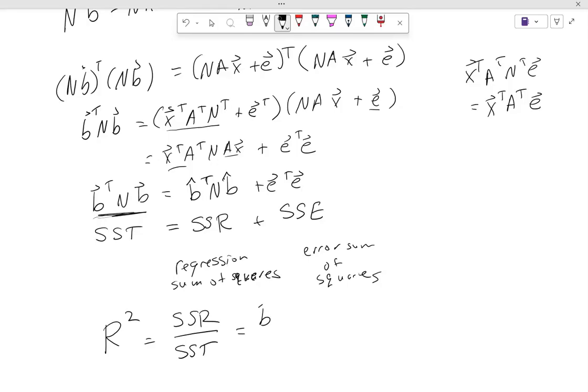It will be your B hat transpose NB over B transpose NB. It's your predictions squared in some sense. It's the square of the deviations of the predictions divided by the square of the deviations from your data. That's R squared. Okay, so let's go into Python and see if we can do that.